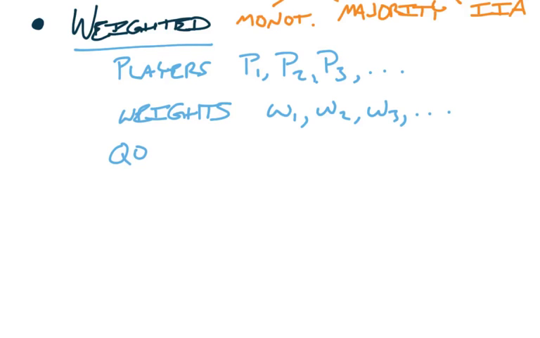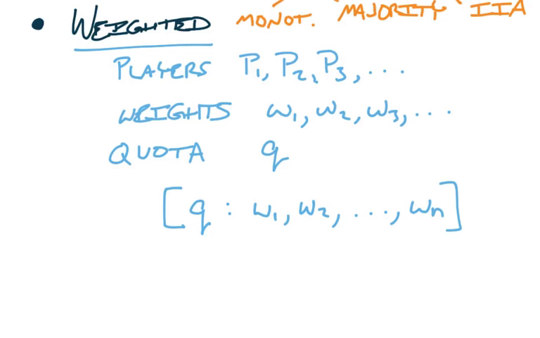And there's always a quota that needs to be met in order for a measure to pass. And we call that quota Q. So we had this shorthand for a weighted voting system where we put the quota first, and then we list the weights of the players, typically in descending order. So W1 is the largest, all the way down to WN, which would be the smallest. And so in a sense, you're putting the most important players first. And this is our shorthand for a weighted voting system.